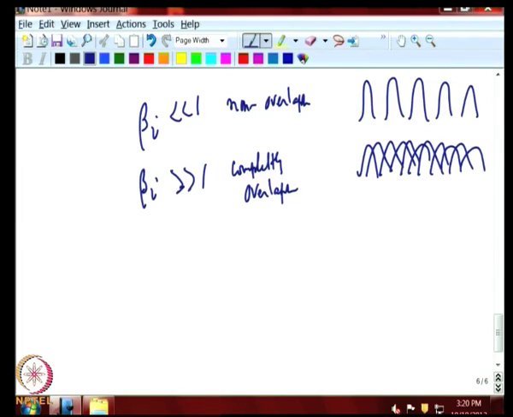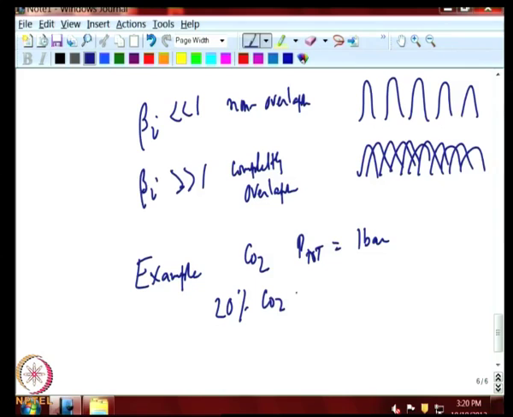And I will take an example right now to make this point by looking at a carbon dioxide gas. So, let us take an example to illustrate these issues. We have a carbon dioxide gas, total pressure is 1 bar, it contains 20% CO2, 80% N2.